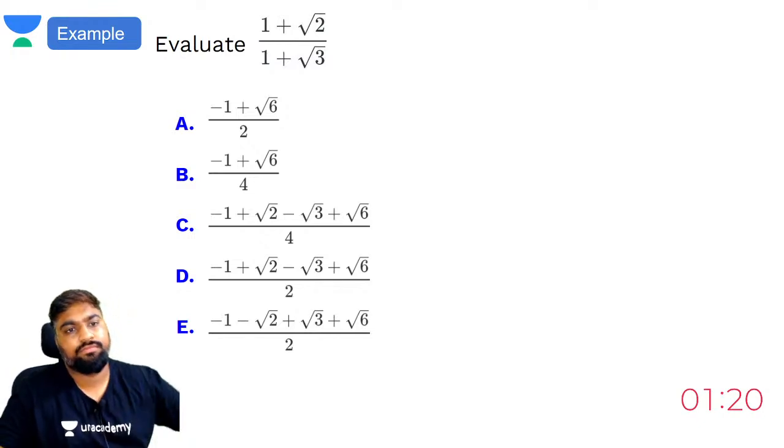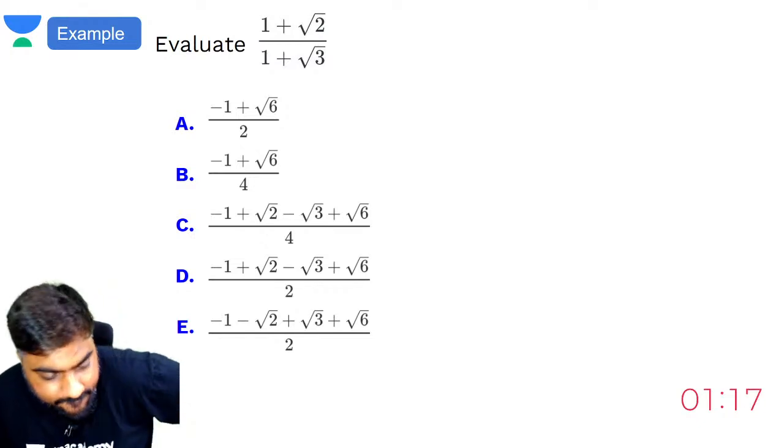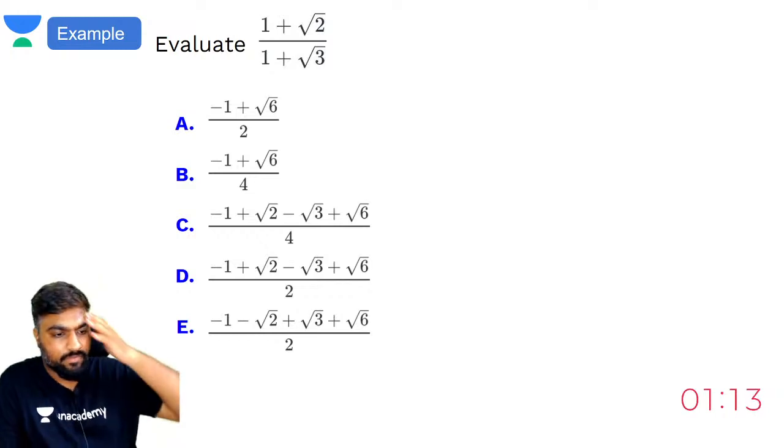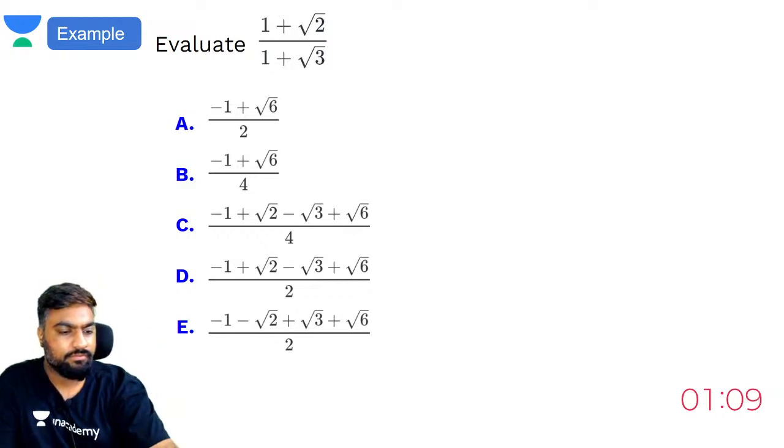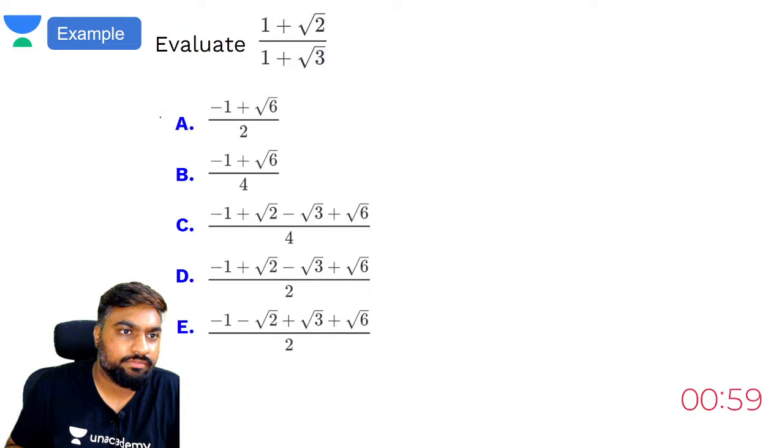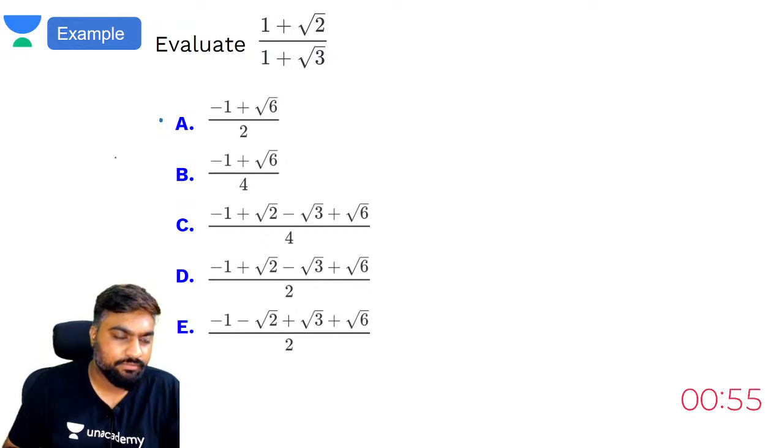Try this one out. Hafiz says A. Others? You have to say which of these 5 options is equal to this, 1 plus root 2 by 1 plus root 3.